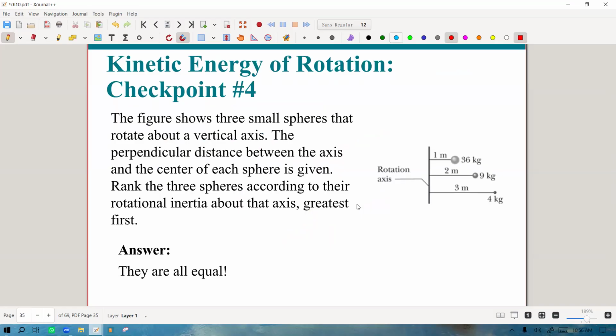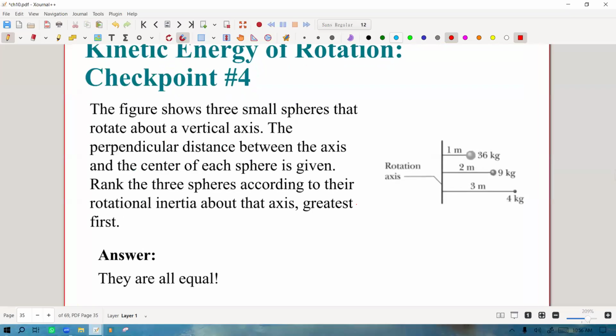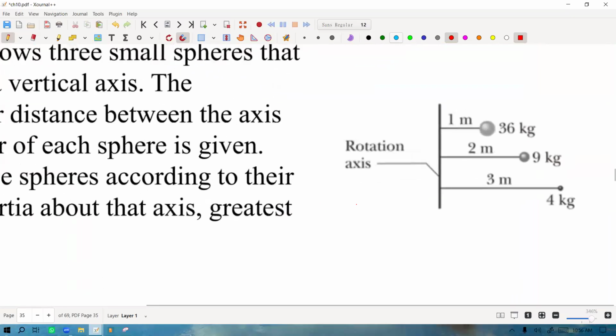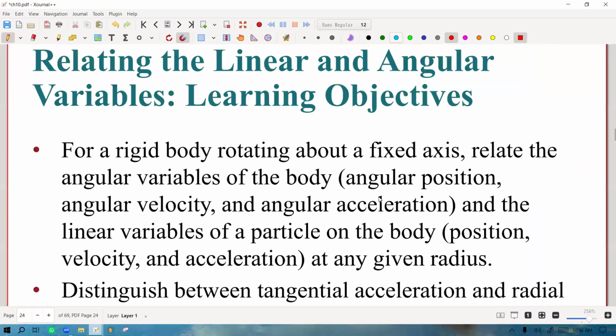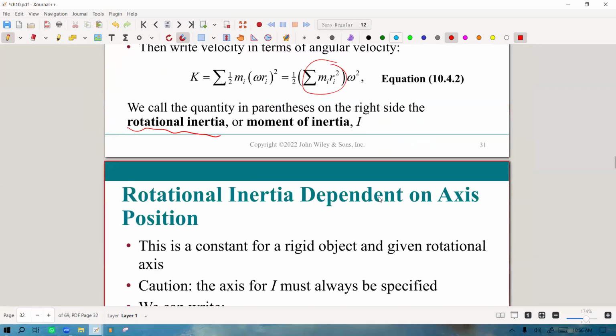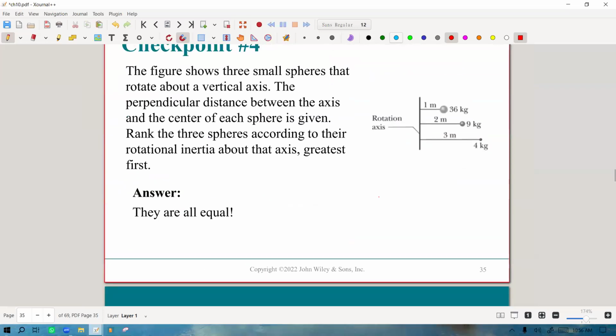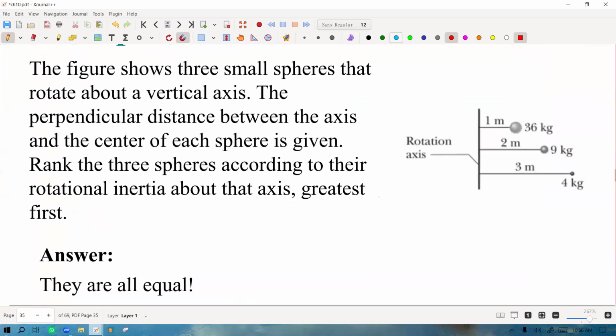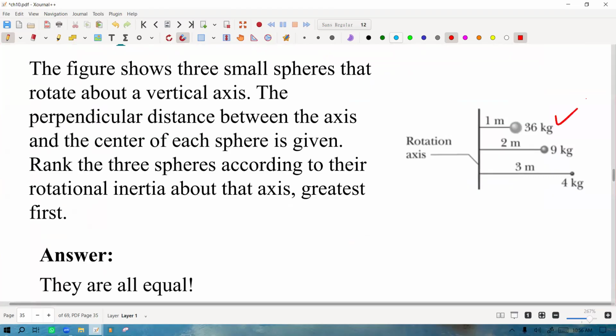So here there are three objects. The first object has a mass of 36 kilograms and a radius of 1 meter.